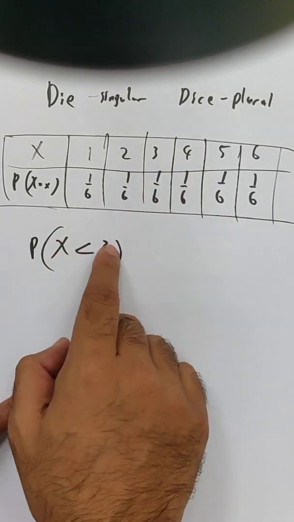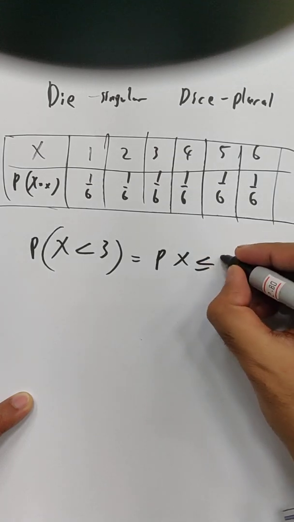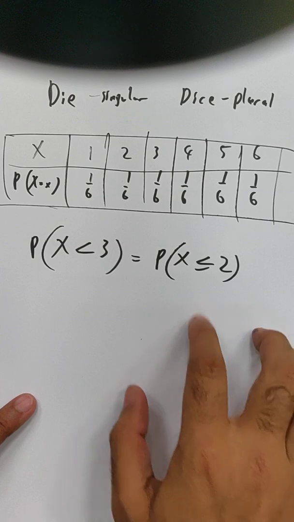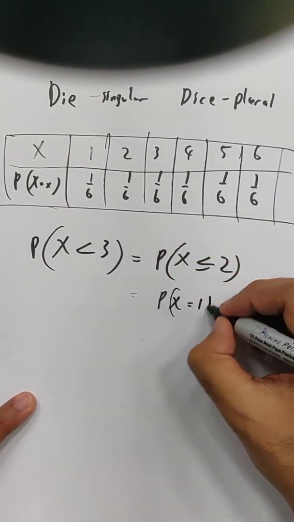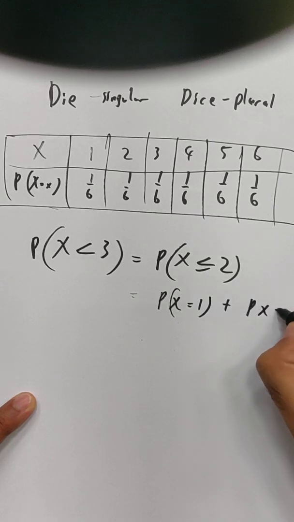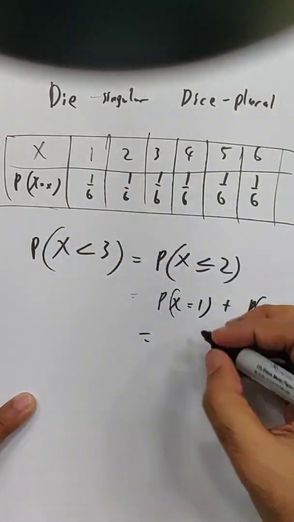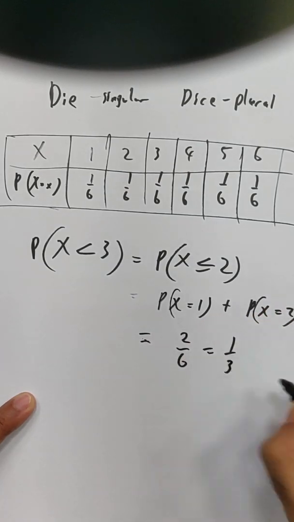So if less than 3, it's the same as P(X ≤ 2). Are you following me? So for this one, we just do P(X = 1) plus P(X = 2), which is 1 over 6 plus 1 over 6, 2 over 6, 1 over 3.